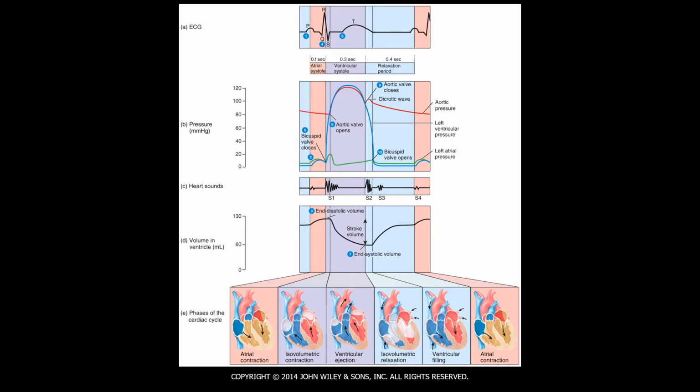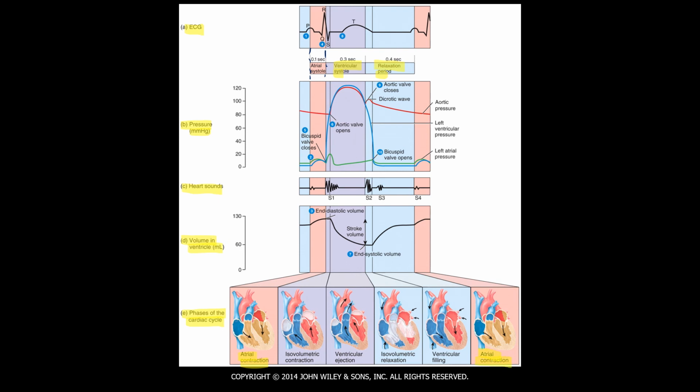So here we have that full entire diagram where we have the ECG, the pressure changes, heart sounds, ventricular volume, and cardiac cycle phases. And you can see exactly where they line up with respect to the atrial systole in the initial pink here, and then the ventricular systole in the purple, relaxation period in the blue, and then the start of a new cycle in the next pink as well.